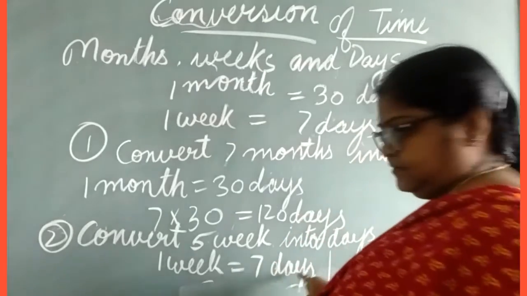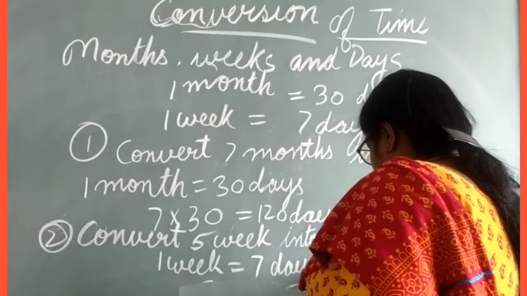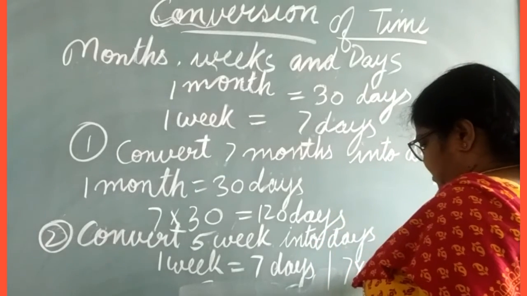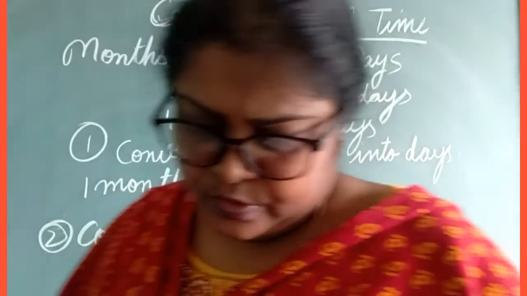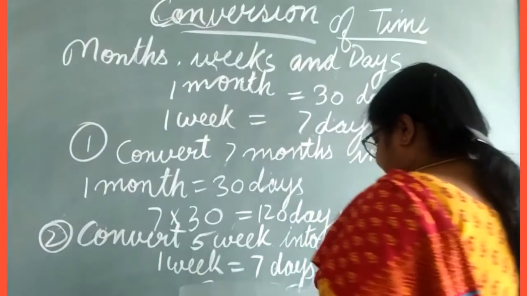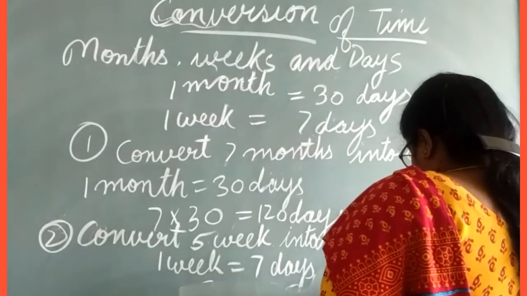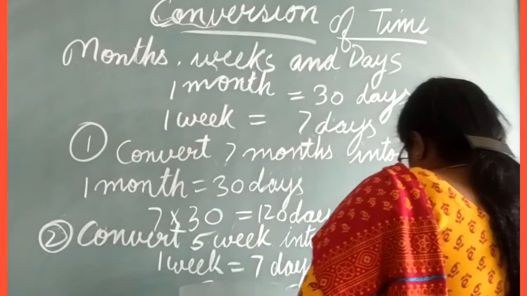Then 7 into 5 equal to how much? 7 into 5 equal to 35 days.